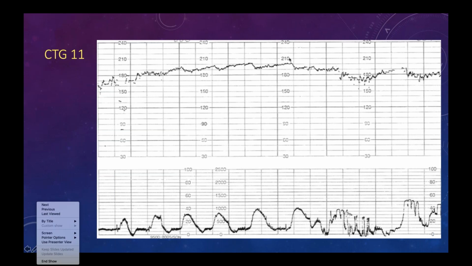See here, people, there is a baseline of more than 180, so it is an abnormal feature. If one abnormal feature is there, the CTG already becomes pathological.